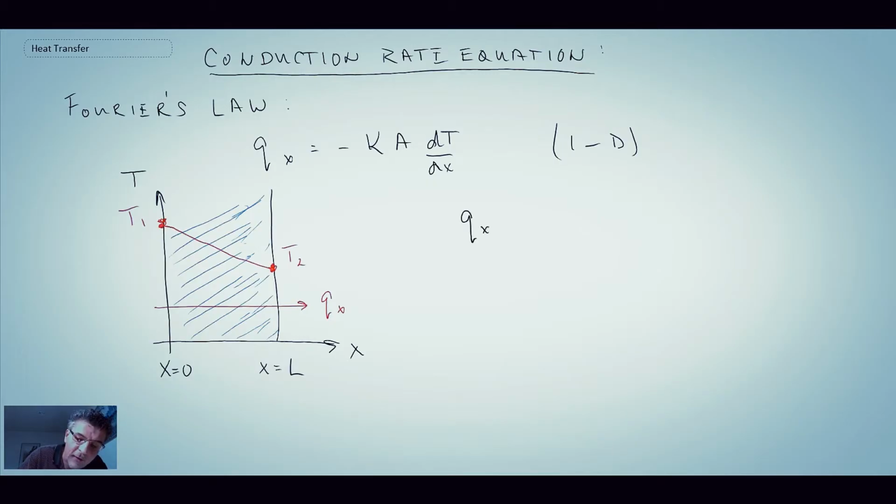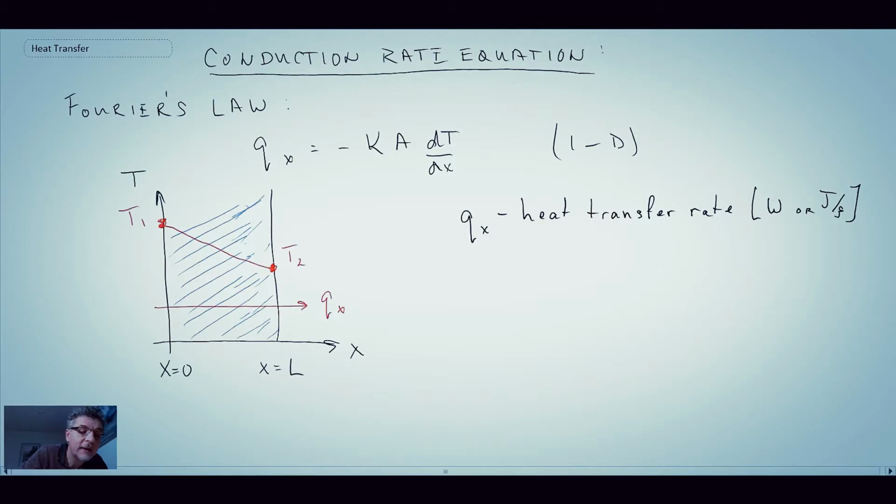We have Qx. That's referred to as the heat transfer rate, and that could be in watts or joules per second. We already talked about that in an earlier segment.